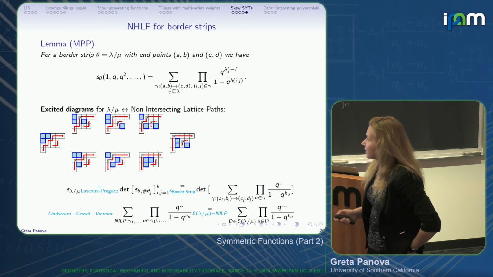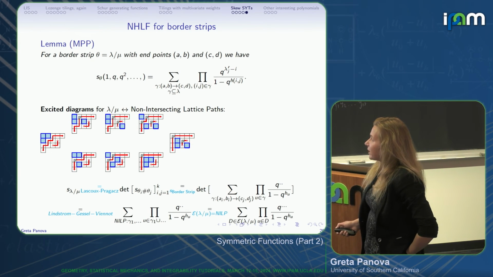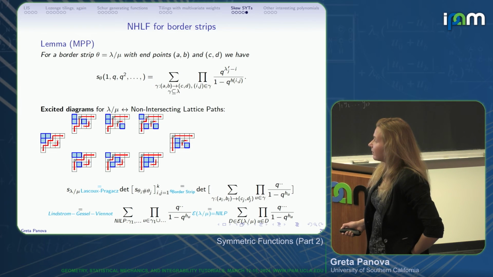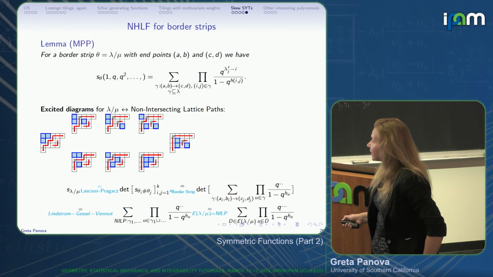Okay, and now once we realize this all together, we can apply all the formulas. So S lambda over mu is, on the one hand, this determinant; on the other hand, we substitute the value for S theta as a sum over all these lattice paths with the given starting points and then local weights for the points in the path.